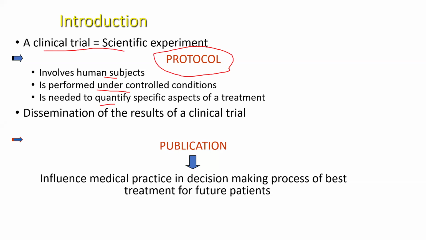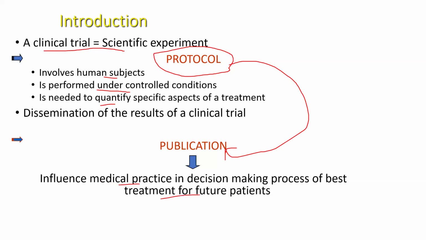Now, once you have performed this research, this clinical trial, the final thing you have to do is publication. You have to share the findings of your research with the wider scientific and medical community. That's how you influence medical practice, the decision-making process, and the best treatment for the future.